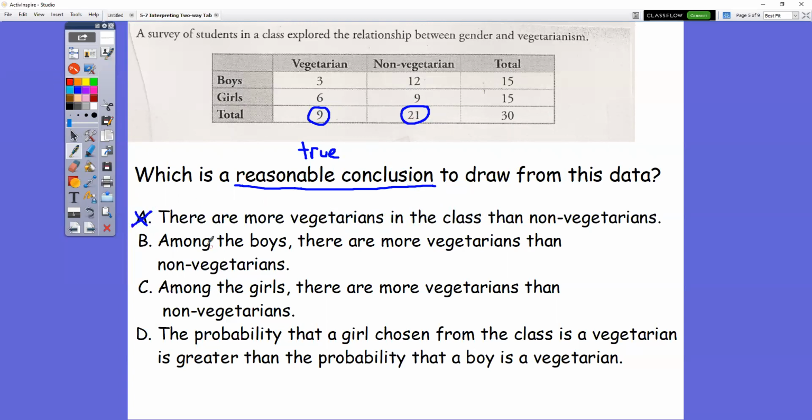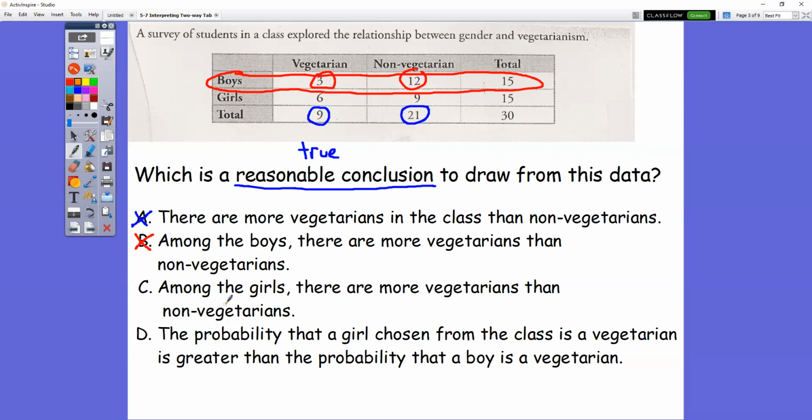Take a look at B. Among the boys. So we're only looking at the boys. Among the boys, there are more vegetarians than not. 3 compared to 12. Are there more vegetarians than not? No, 3 isn't bigger than 12, so that is not true either.